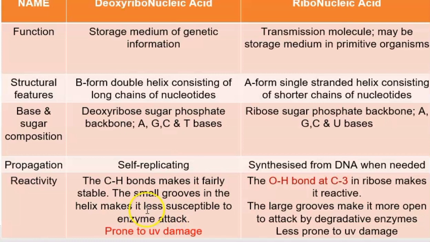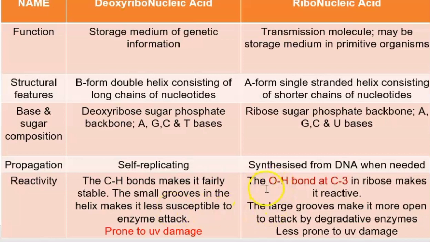But in as much as it is not exposed to enzymatic attack, it is prone to UV light, meaning ultraviolet damage. It is prone to ultraviolet damage because the groove covering it is a small groove. That is what we mean.